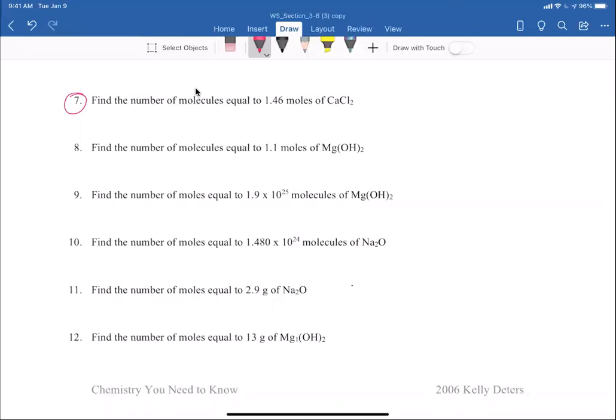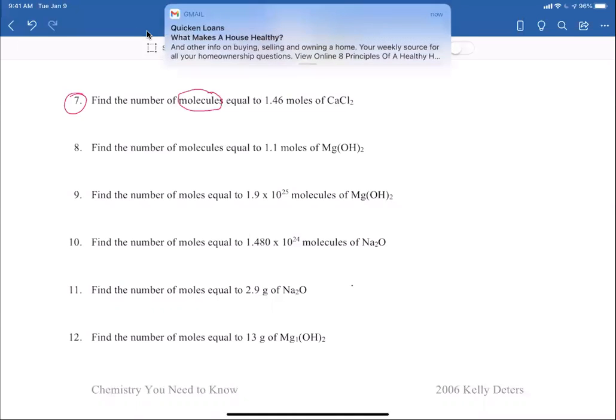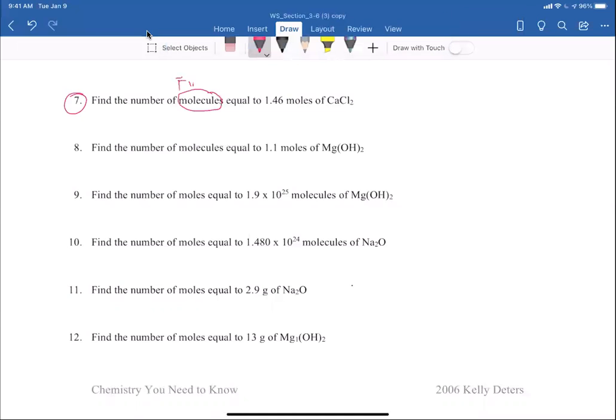Okay. So find the number of molecules equal to 1.46 moles of CaCl2. The molecules is where we're going to finish, because that's what they want us to find.